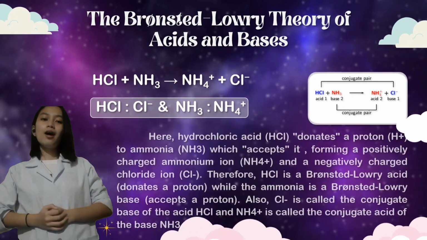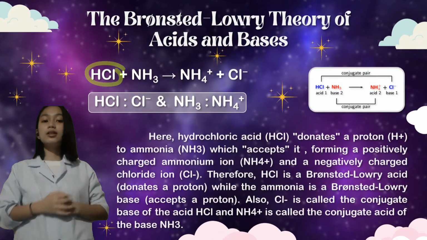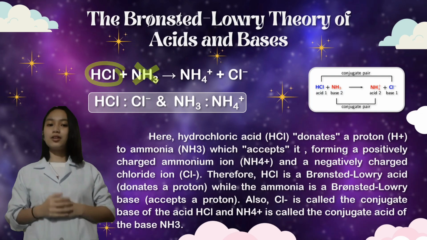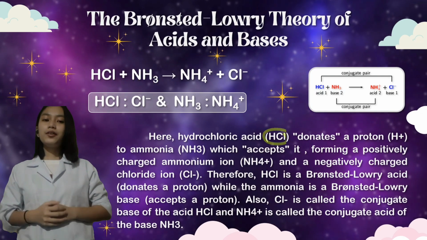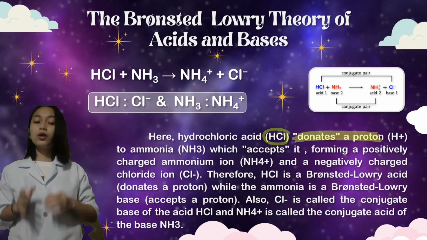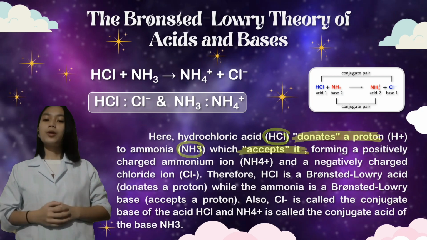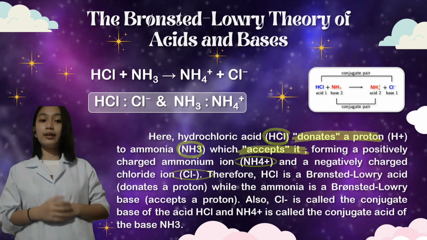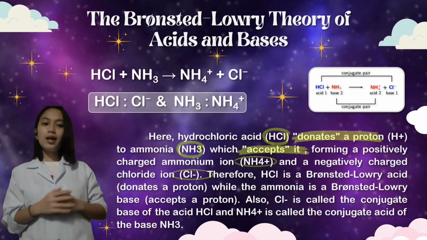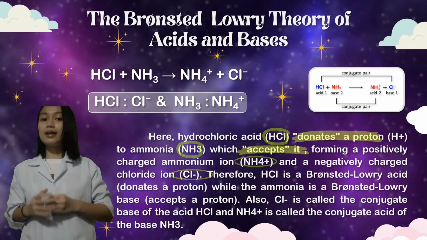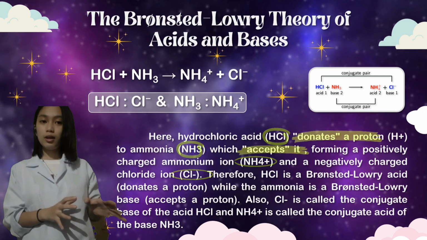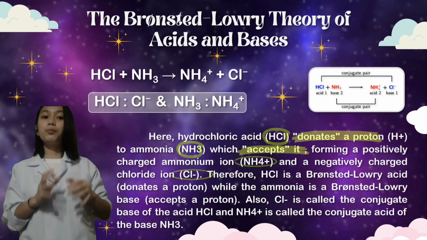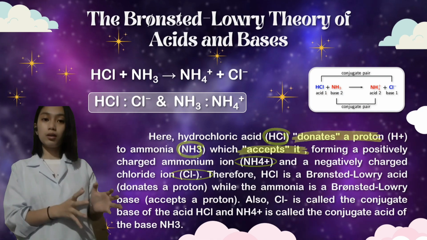Astounding, Jarrell! Our acid here is the HCl and our base is the NH3. Here, hydrochloric acid donates a proton to ammonia, which accepts it, forming a positively charged ammonium ion and a negatively charged chloride ion. Therefore, HCl is a Bronsted-Lowry acid or donates a proton, while the ammonia is a Bronsted-Lowry base or accepts a proton.